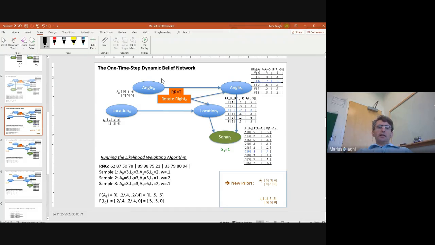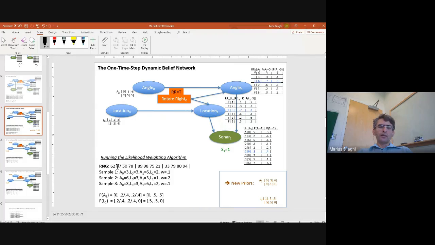And at the beginning, we had priors for angle 0, location 0, the original one. And now we are going to use likelihood weighting to compute the probability of angle 1 and location 1. We'll assume we don't have more than one time step. This is an algorithm we run after the first time increment.